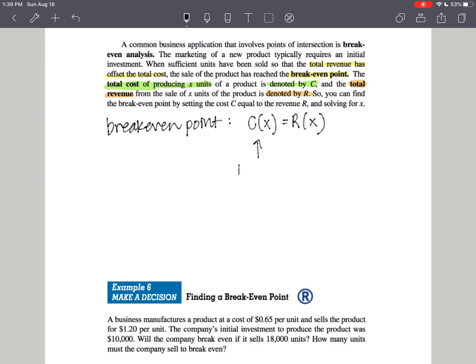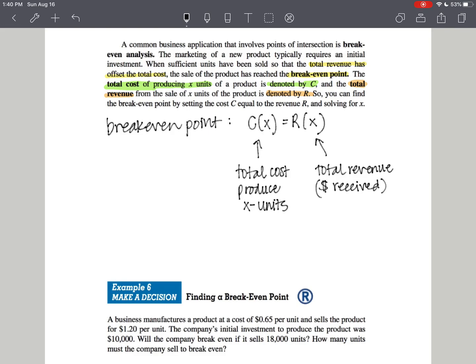C of X is our total cost to produce X units, and R of X is the total revenue. It's the total amount of money that we take in, total revenue, which is all of our dollars received, all of it, all that money received from the sale, total revenue from the sale of X units.